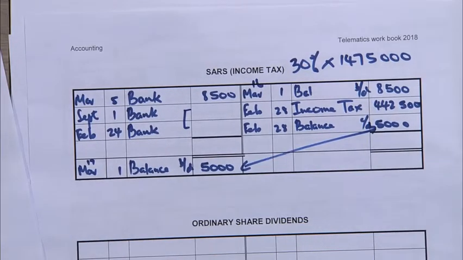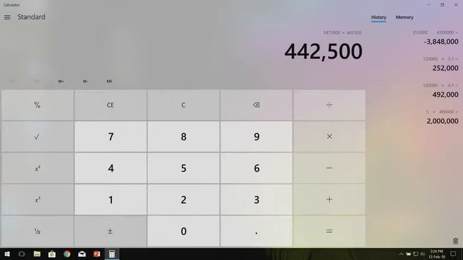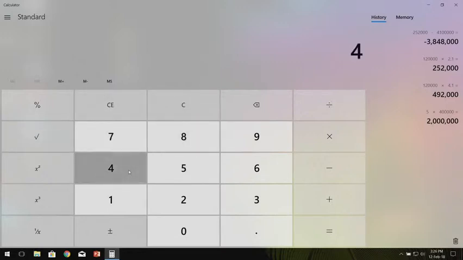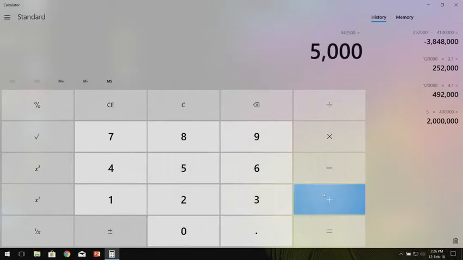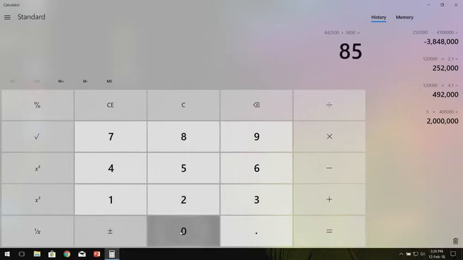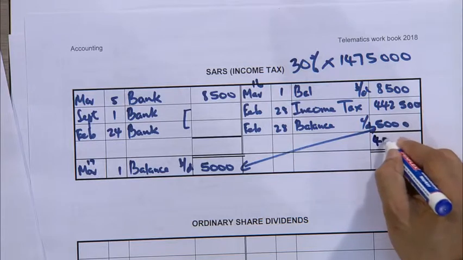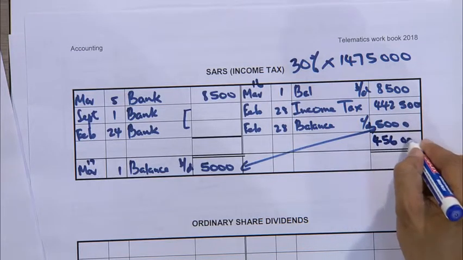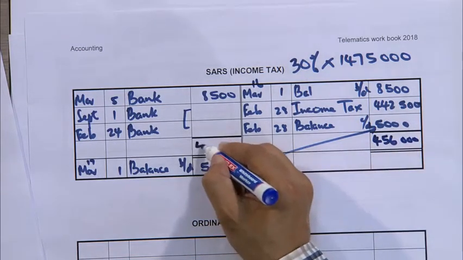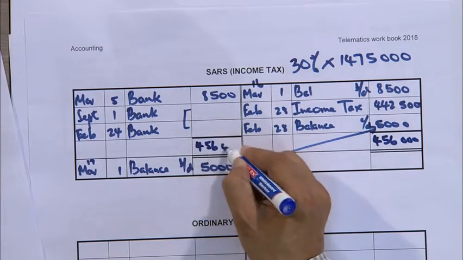So if I take my 442,500 and I add 5,000 plus 8,500, I get a total of 456,000.